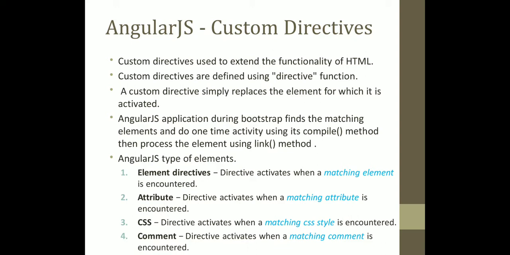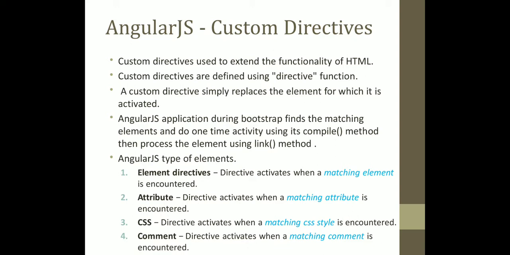Scope is used, compile is used, and the link method is also used to link elements with scope and get the specific data. So we'll see the types of directives that are provided by AngularJS.